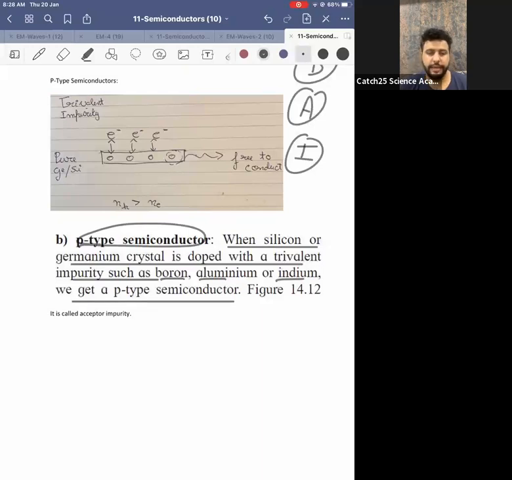And write down germanium slash silicon have 4 holes in the outermost orbit.